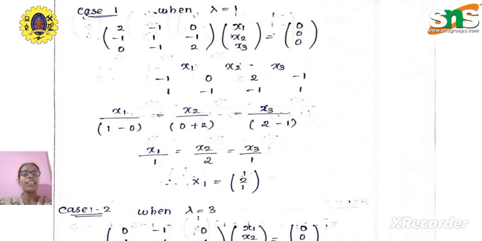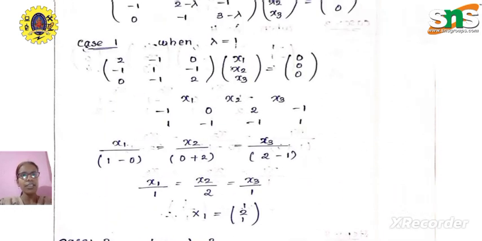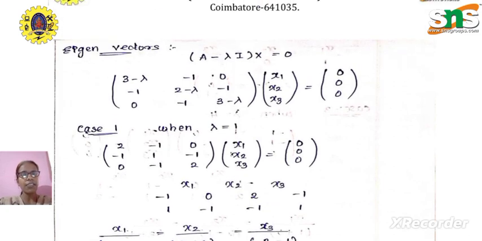Next, we need to find the eigenvector corresponding to lambda equal to 3. The same procedure ought to be followed. This is the matrix we got. In this case, just replace lambda as 3. First element 0, the middle element is minus 1, and the last is also 0.